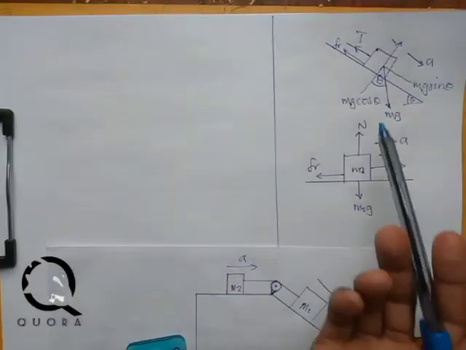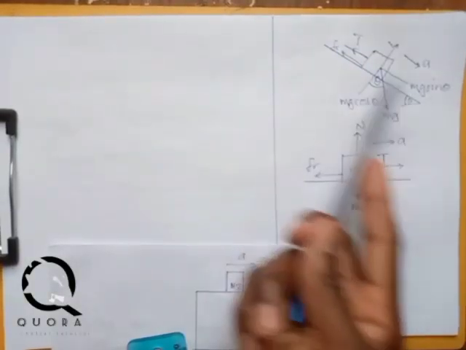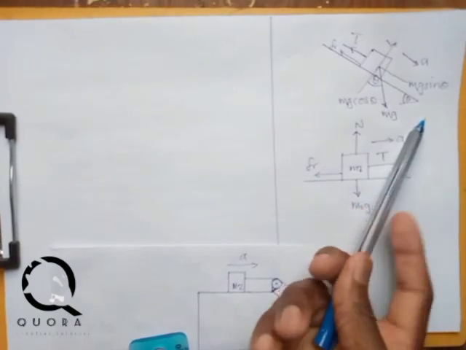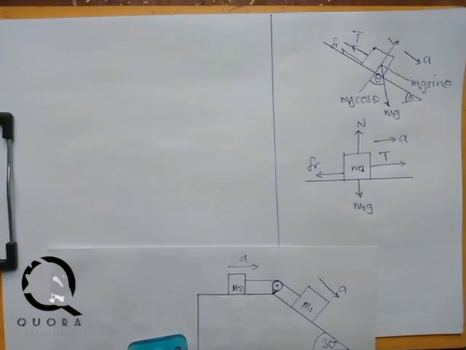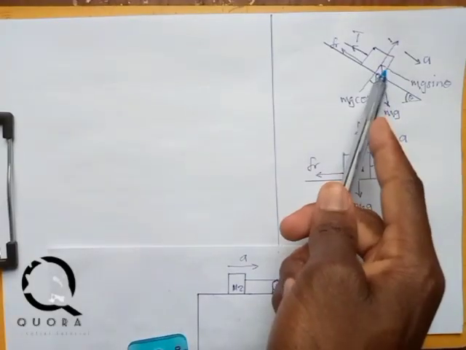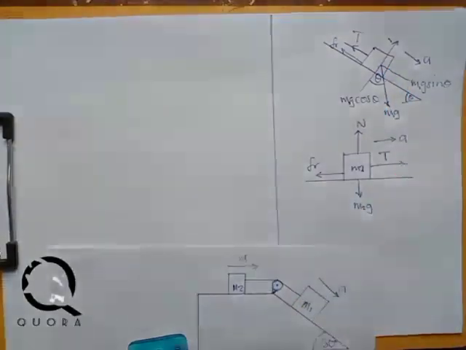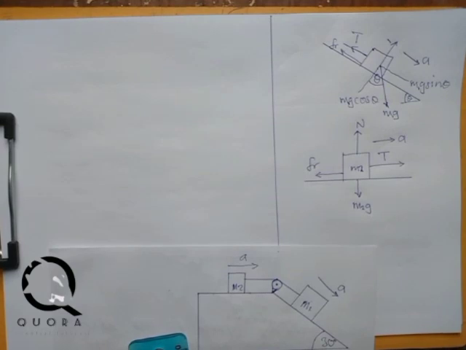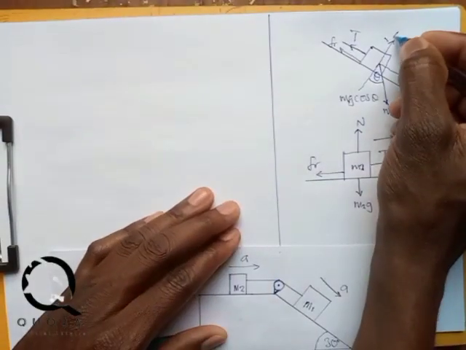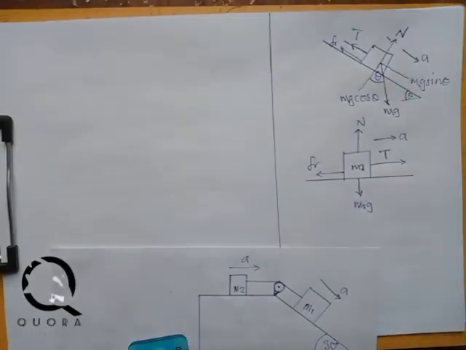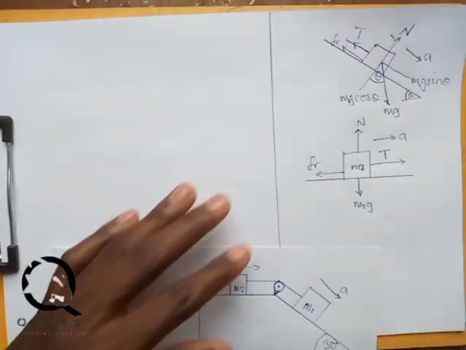Now for the one which is on the incline, this surface which is the incline has to be your x, meaning that the forces in this x-axis give us acceleration. So I would say the summation of forces in x must be equal to acceleration. And also here the summation of forces in x must give us acceleration. But the forces in y don't give us acceleration because the objects are not accelerating at all.